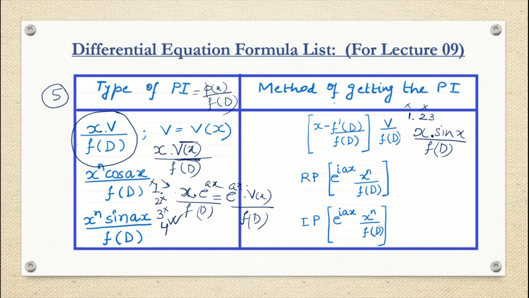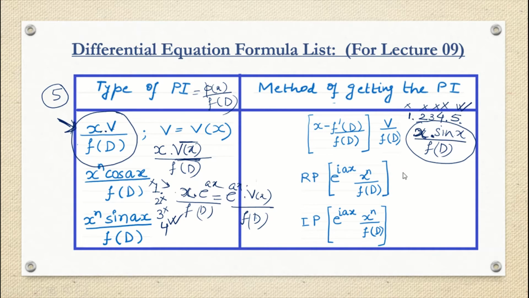Polynomial I can see, but not only polynomial. So this is not my type 3. Is this my type 4? I cannot see any exponential function. So this is not my type 4. Is it your type 5? Yes, this is your type 5. Why is this my type 5? Because you see the general form of type 5. Type 5 has x, then some function which is with respect to x. So x is there and then V of x is sine x, and then divided by f(D), right? So this is my type 5.